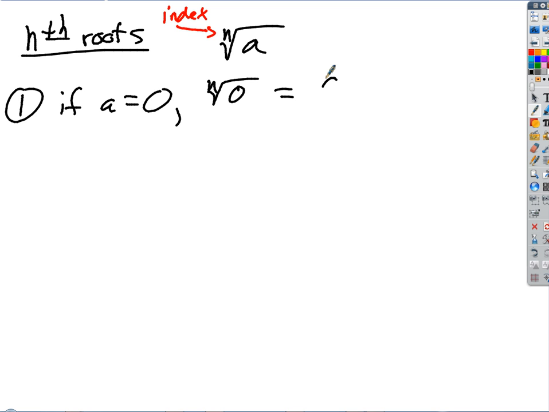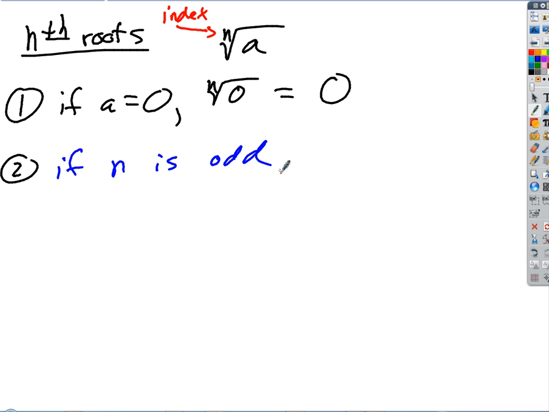Now let's look at some other circumstances. We're taking nth roots. If n is an odd number, 3, 5, 7, 11, 21, etc. So if the index is odd, if we're taking an odd root of a number, that makes life easy.